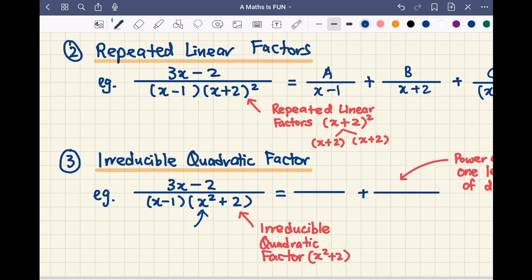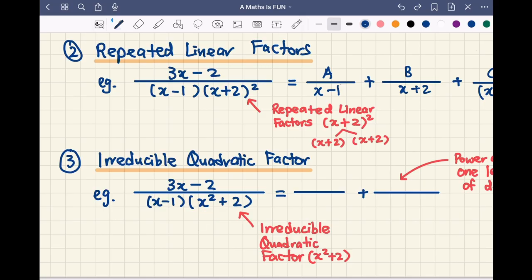Like in here, you have x squared plus 2, and you cannot actually factorize anymore, so we consider this as irreducible. And one telltale sign of this sort of form is that it's a bit different from the repeated linear factor case, where you have the square outside of the bracket, whereas in this case, you have the x squared here, and then you don't see the square outside of the bracket.